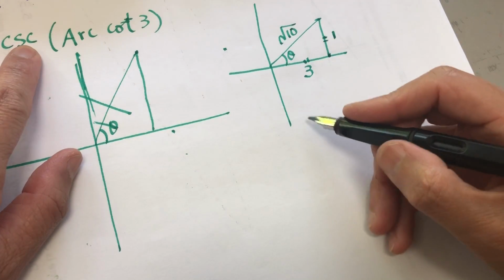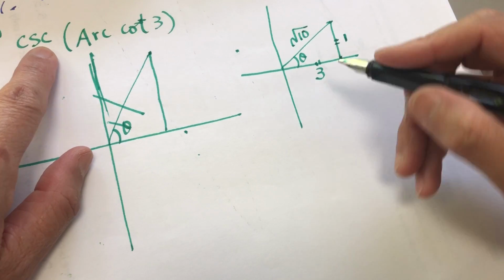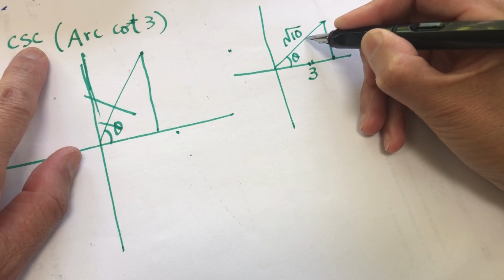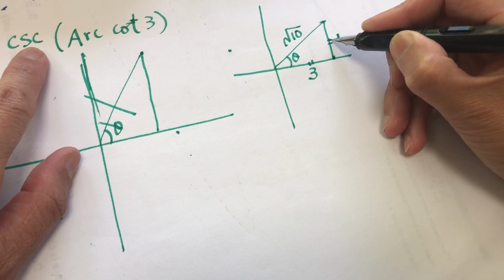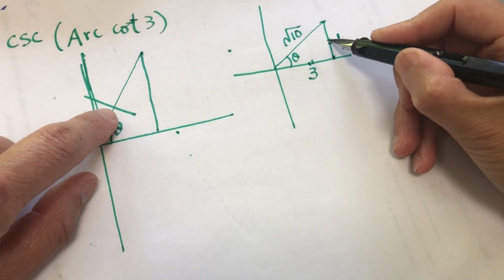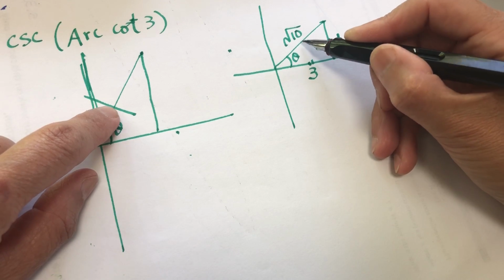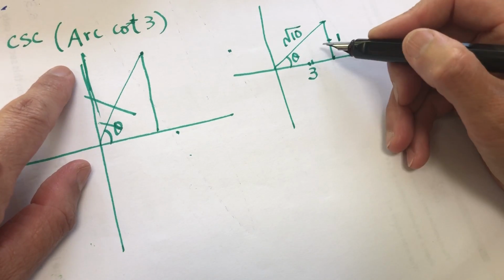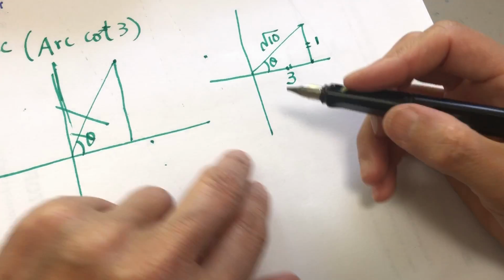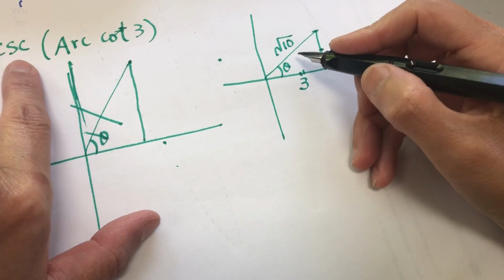Now we figure out the cosecant. You can write directly: cosecant is hypotenuse over opposite. Or you can do opposite over hypotenuse, which is sine, and cosecant is the reciprocal of it. Whichever way you feel comfortable.